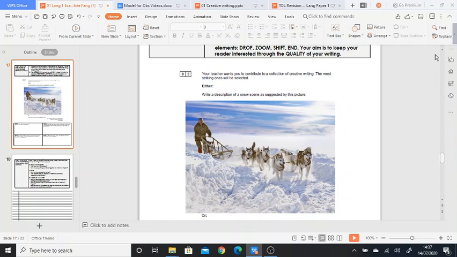Now, in terms of writing a description, it's easy to write a story, but maybe more tricky to make it as interesting and intriguing as you may want it. A description might sound less appealing, but what do we mean by that? You are looking at this image, and you're going to colorfully bring it to life.